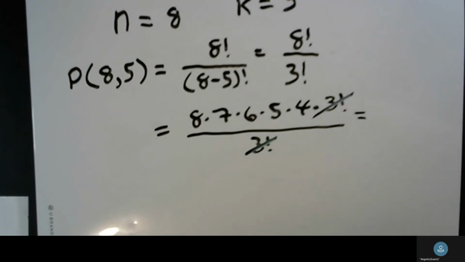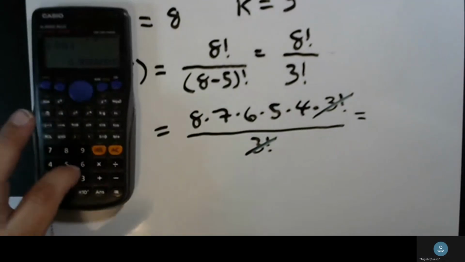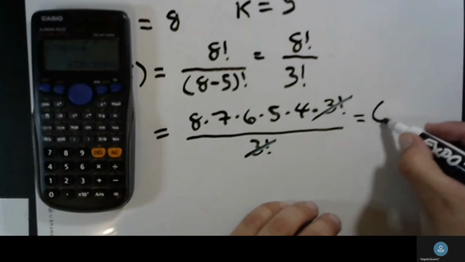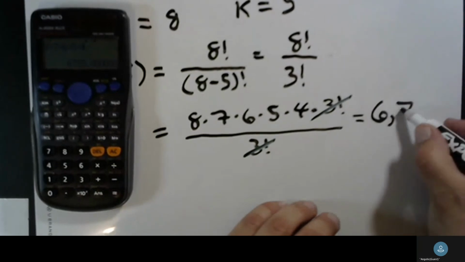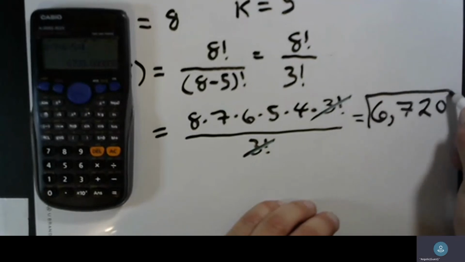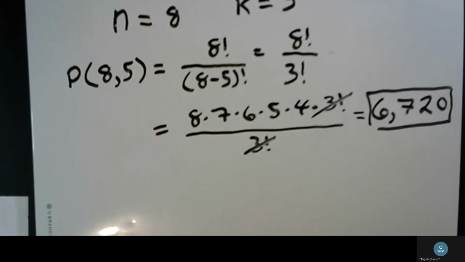And so now you just have to compute. I'll bring in my calculator. We get 6,720, which is quite a few ranked teams. That's not trivial at all.